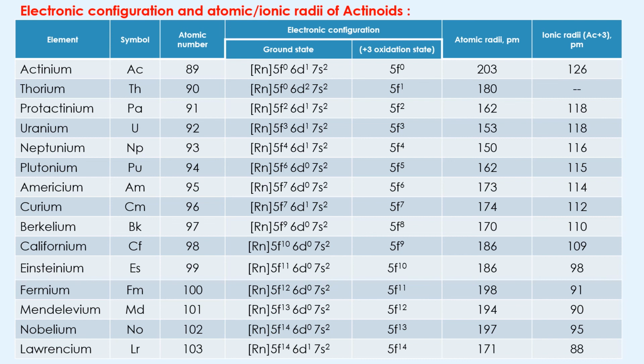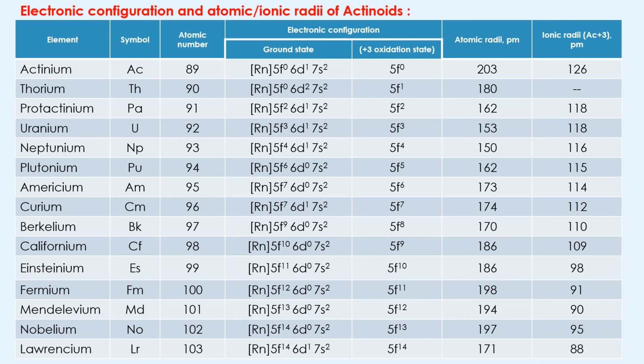So see, whenever your f is half filled or completely filled, at that time it will be more stable. Then they give you the +3 oxidation states. In the +3 oxidation state from actinium to lawrencium, electrons are lost from the 6d and 7s, so from 5f0 to 5f14 is the electron configuration present in the +3 oxidation state.